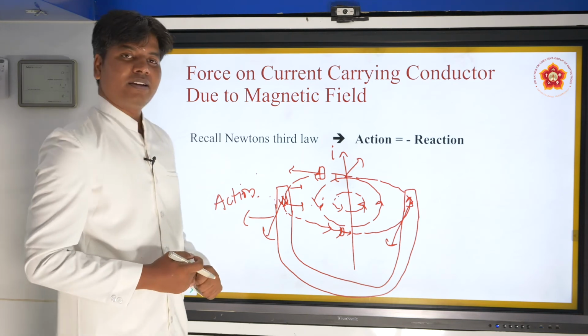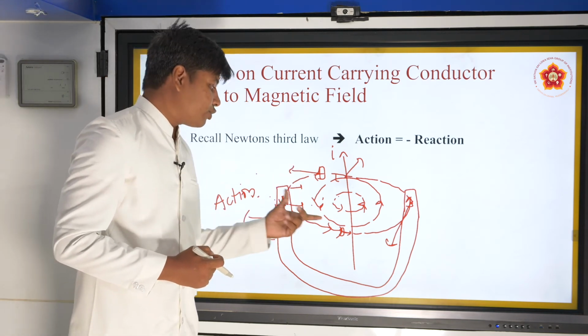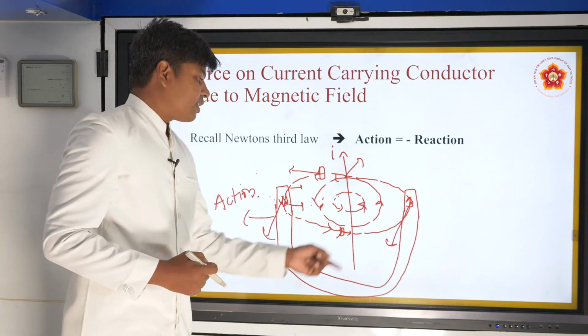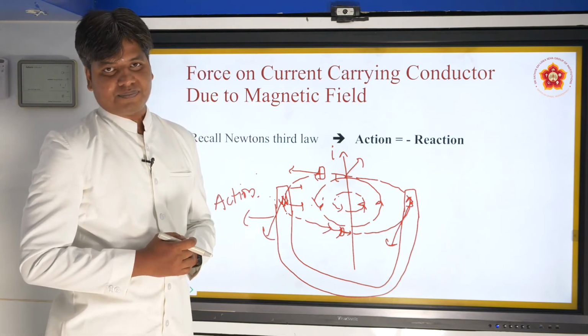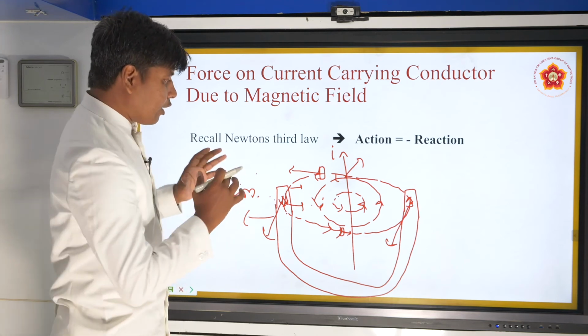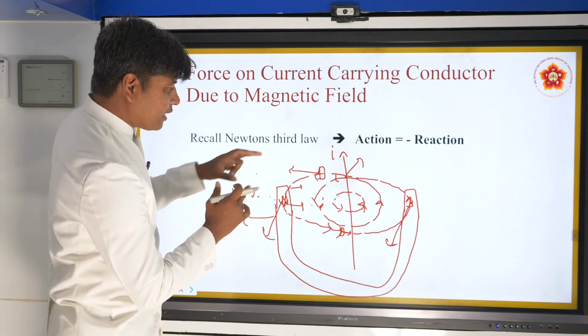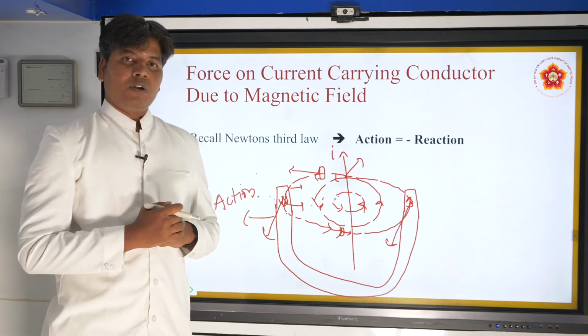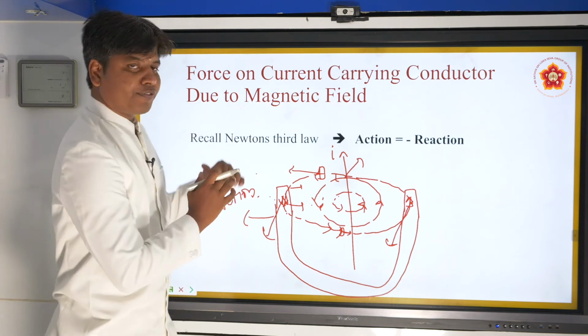That is the force on the conductor due to this external magnetic field, which is the horseshoe magnet here. So this is how you see the force experienced by the current carrying conductor. This is a more mature way of thinking.